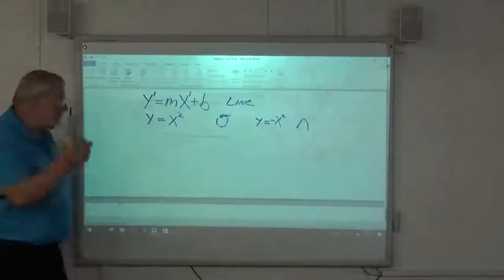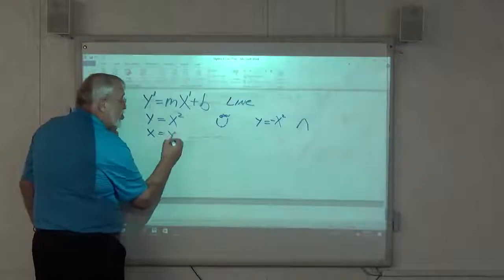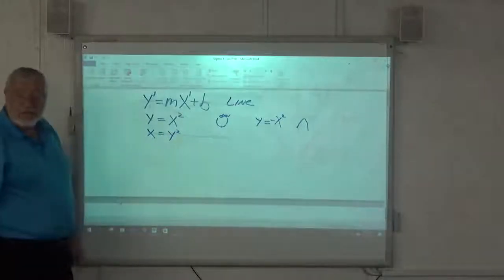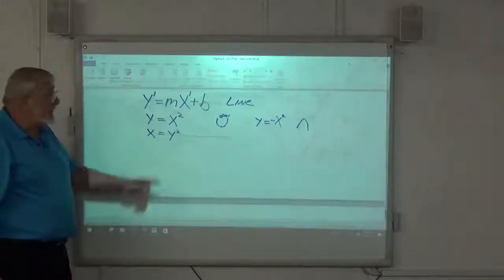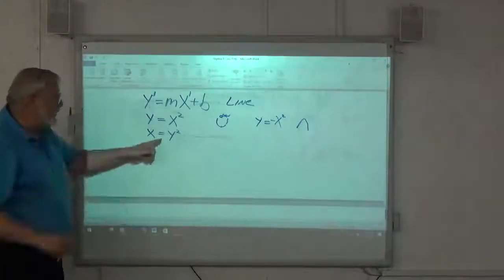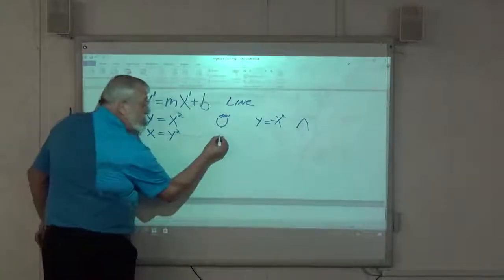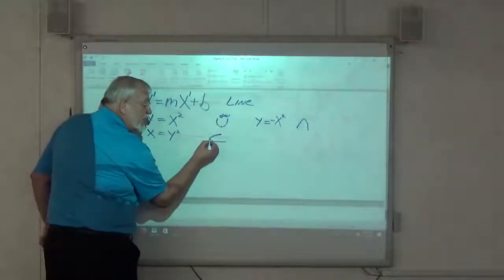Because you're going to see this, so then what happens if I have x equals y squared? Instead of opening up and down, it's going to open left and right. Which way will this open? To the positive. So it's going to open like this.